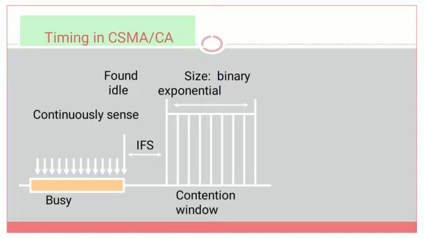And how the slots are divided and assigned to a particular station is by using the binary exponential backoff strategy. By using that strategy, the time is divided into slots and assigned to the particular user. After the timer times out, again the station will sense the channel.